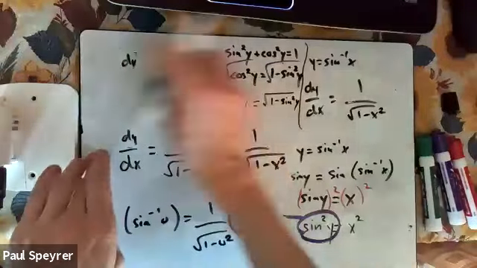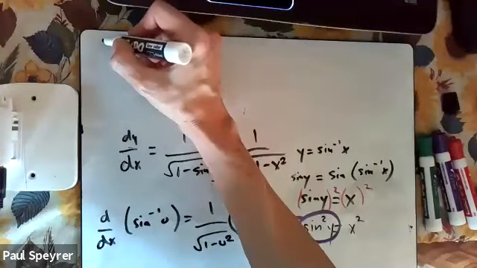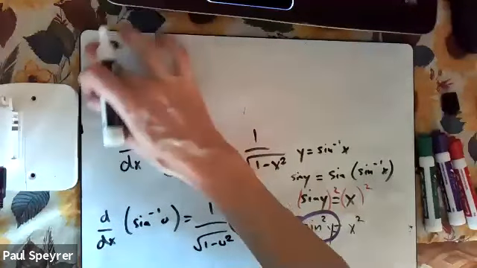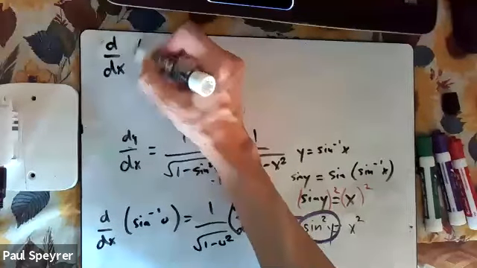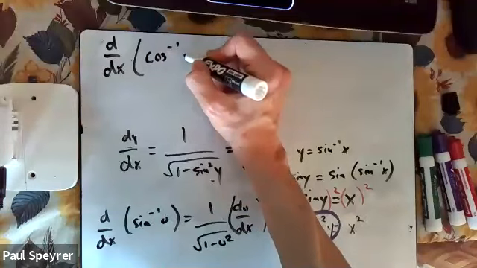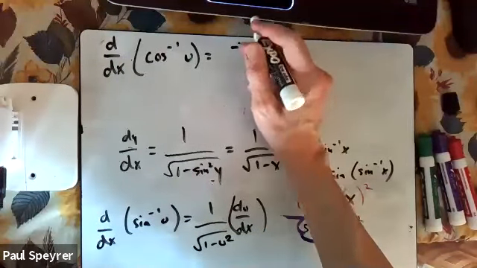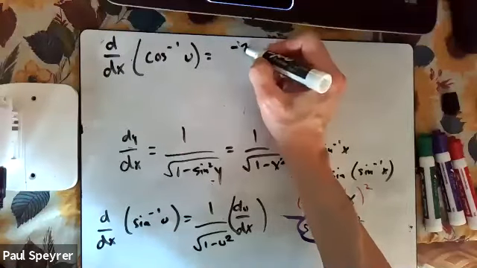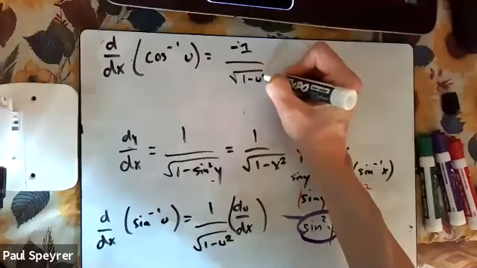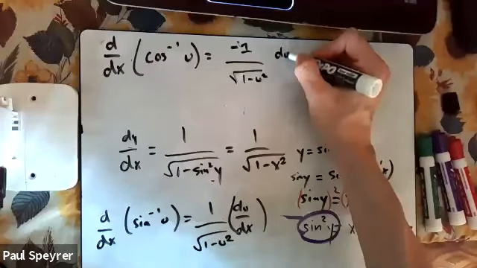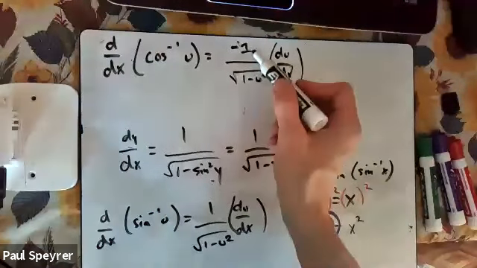We also have the derivative of arc cosine of u. That's equal to negative 1 over the square root of 1 minus u squared times du dx. So very similar to sine, right? It's just that it's negative.